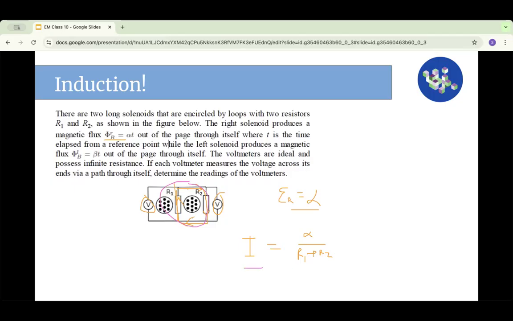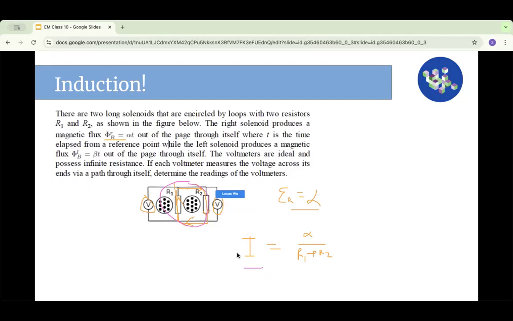Now we want to find the voltage readings on each of the voltmeters, right? The reading on the right voltmeter is pretty easy. Why is it easy? Because there's no flux going through this loop over here.